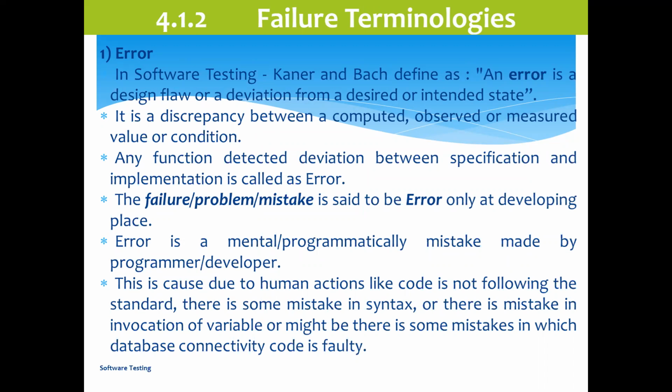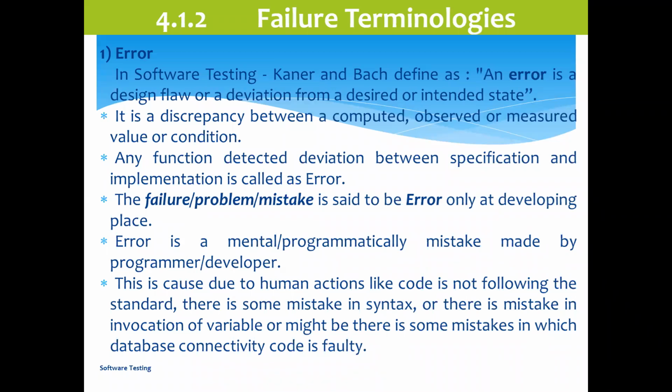Mistake means some issues we are getting. So all have the same related meaning. Failure, problem, mistake, issues, all are the same kind of meaning. So those mistakes or failures or problems are classified into three categories in testing. First one is error, second one is bug, and third one is defect.